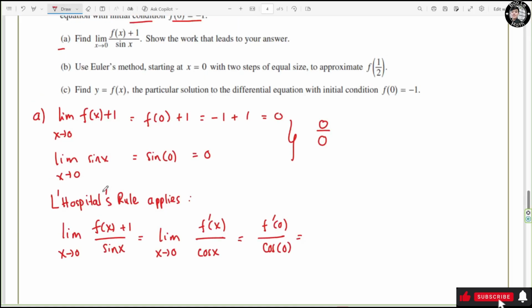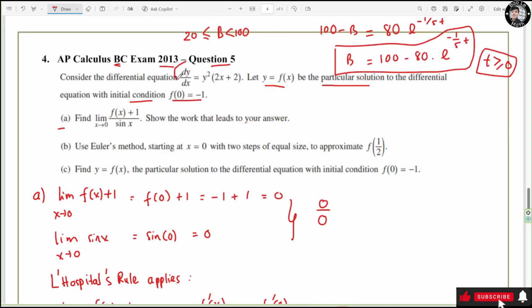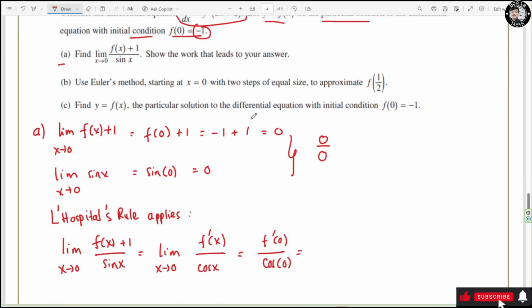Now f prime of 0, using this equation right here, remember y equals negative 1. So substitute 0 for x and negative 1 for y. You have negative 1 squared times (2 times 0 plus 2), over cosine of 0 equals 1, right? So this turns out to be 2.